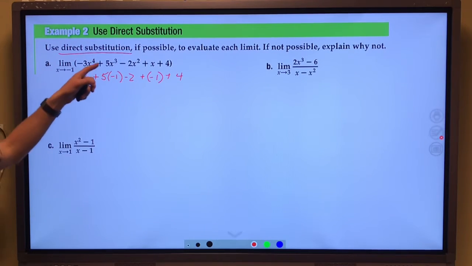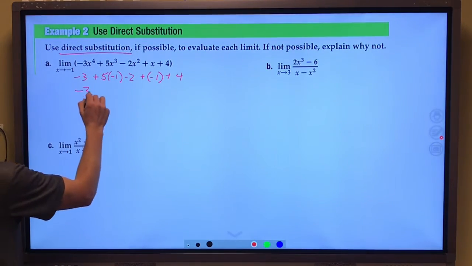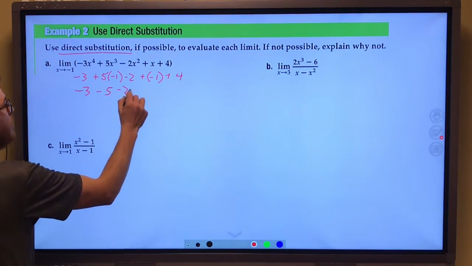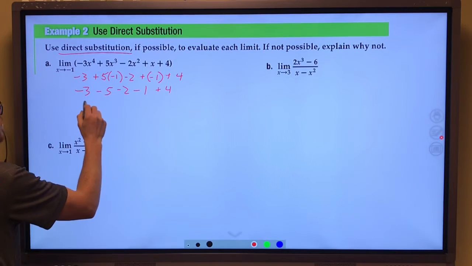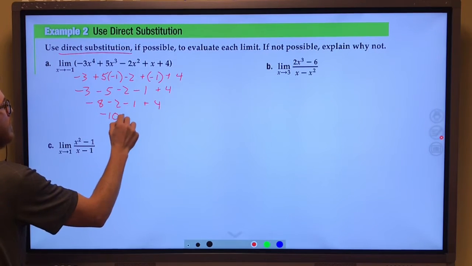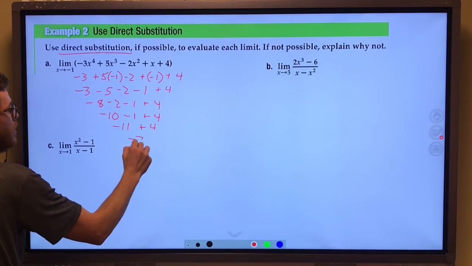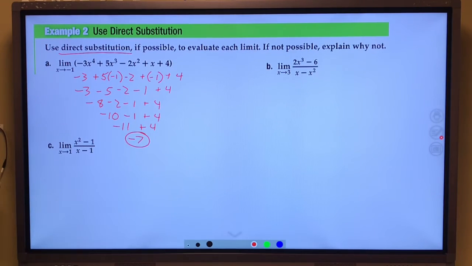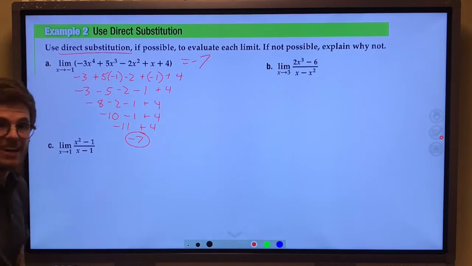Of course, -1 to the 4th is just 1, -1 squared is just 1. So this is -3 minus 5 minus 2 minus 1 plus 4. It's a -8 minus 2 minus 1 plus 4. That's -10 minus 1 plus 4. That's -11 plus 4. So the limit as x approaches -1 for this polynomial is a -7.